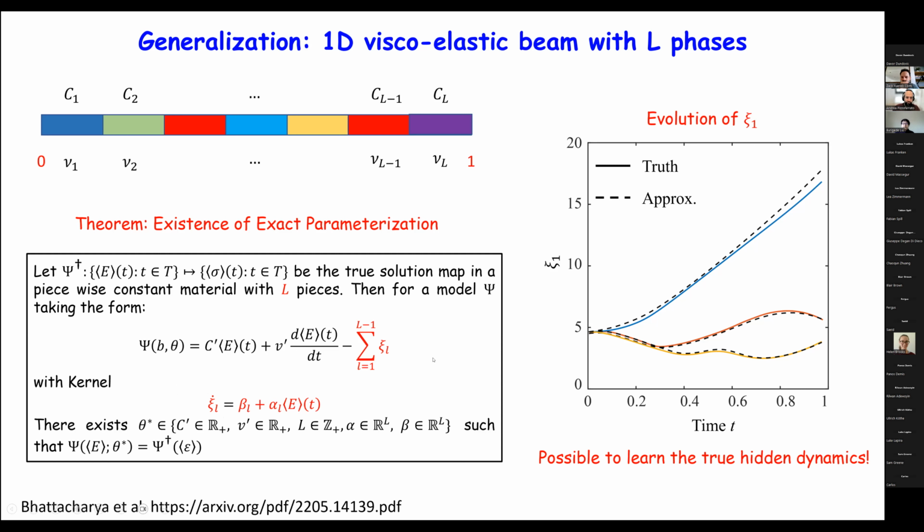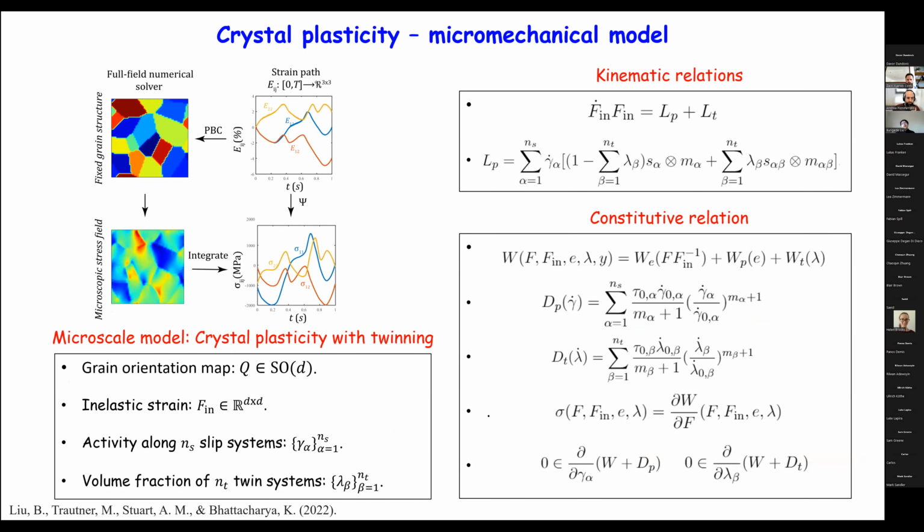When we plot our true evolution law and what we have learned from the recurrent neural operator, we can see that the evolution of the state variables matches quite well. That basically tells us there's some hope that we can learn the true hidden dynamics from our data. And we later extended this to more challenging 2D and 3D problems.